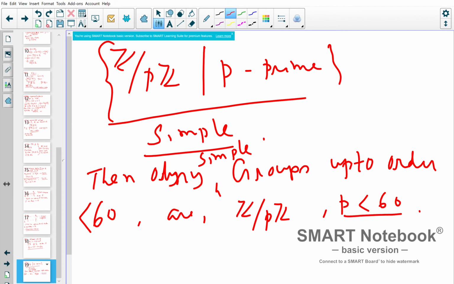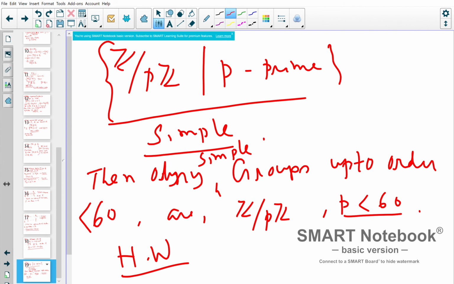If you choose any group of order up to 60 other than Z mod PZ, it cannot be a simple group. There must be a normal subgroup that is not trivial. This is an interesting exercise you can do.